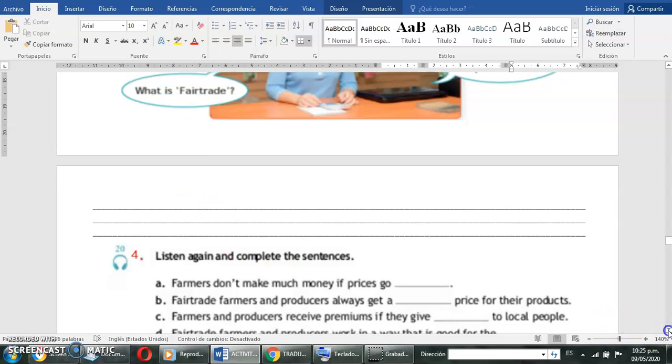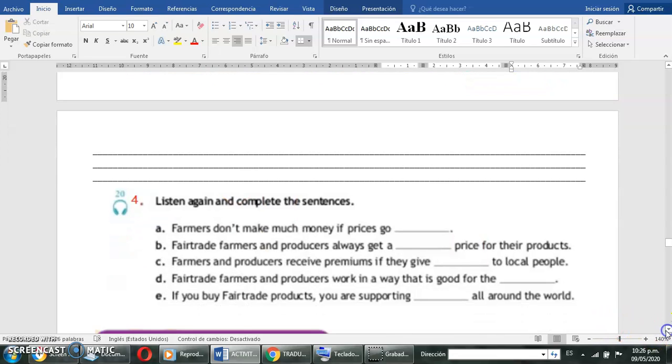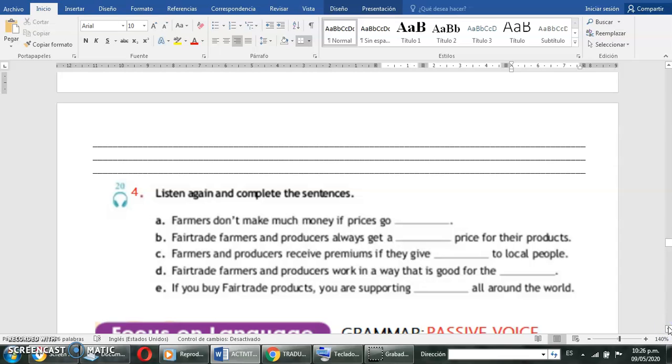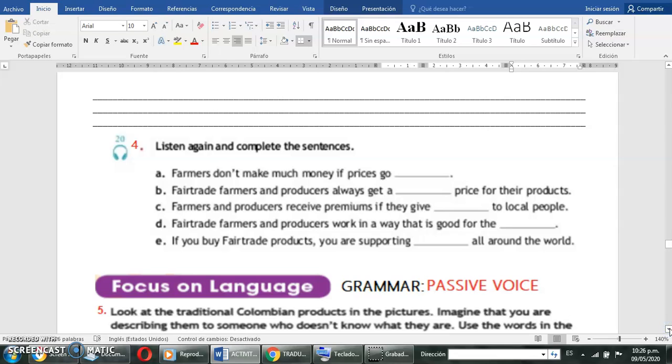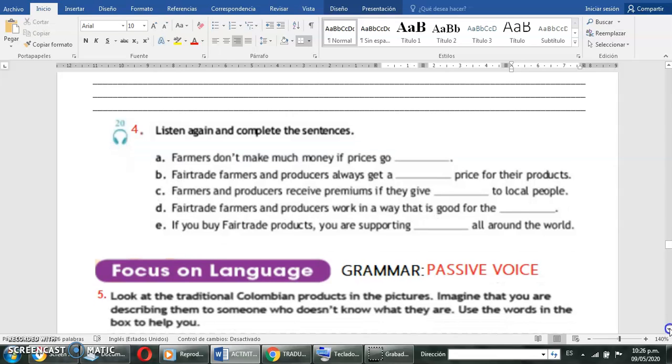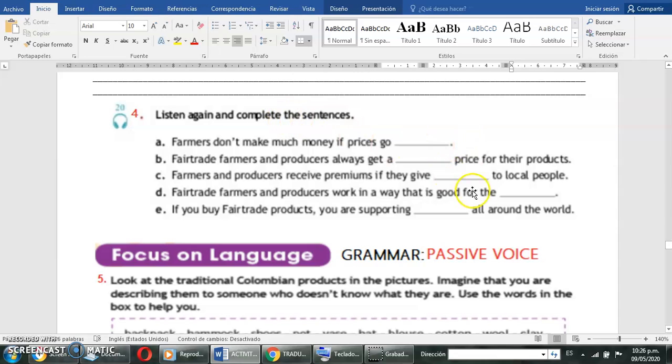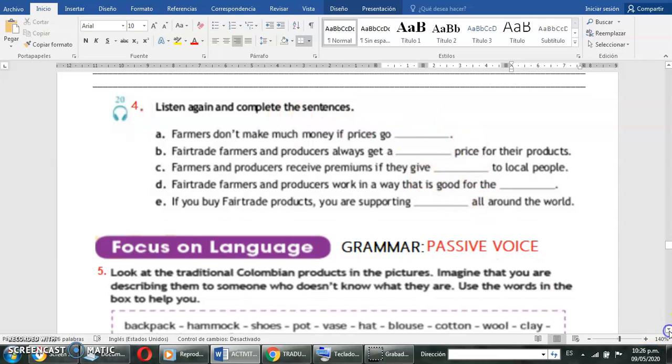And then you have to download the MP3 audio that we have in Classroom. So you have to listen and complete the sentences. In this audio Sarah is talking about the fair trade products.